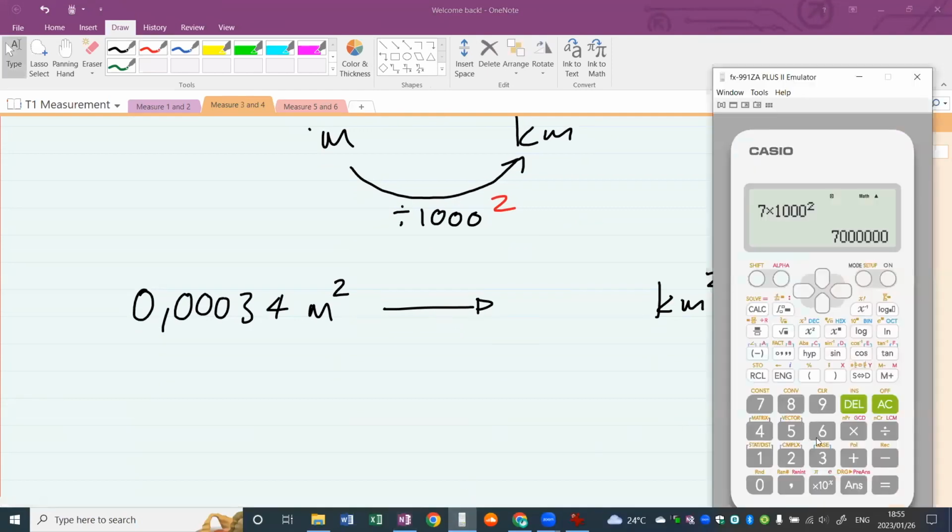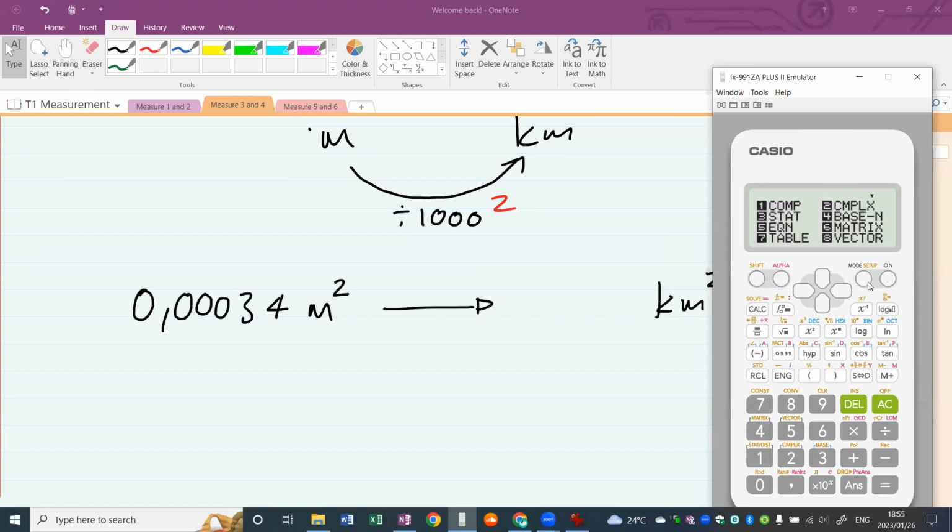All right, so let me do that on the calculator. 0.00034 divided by 1,000 squared. Don't worry about that, that's my calculator wanting to be fancy. We want simple things.